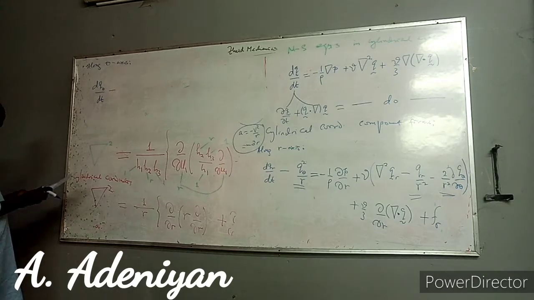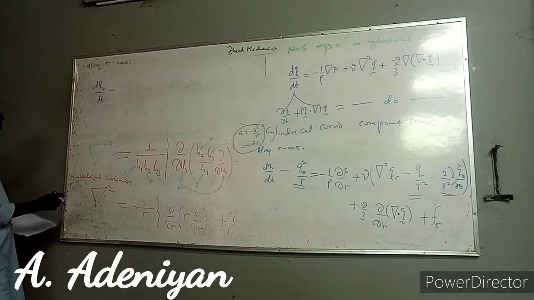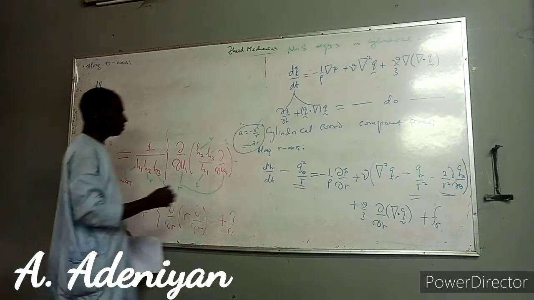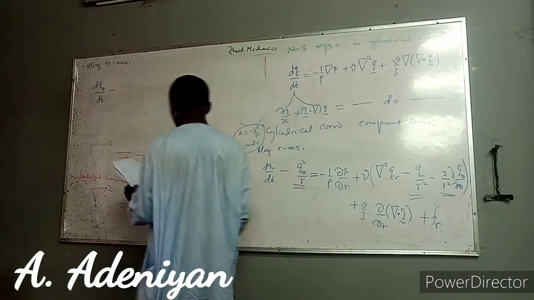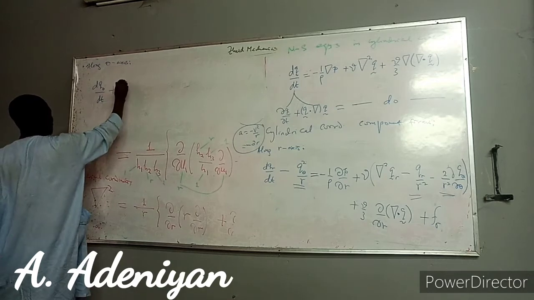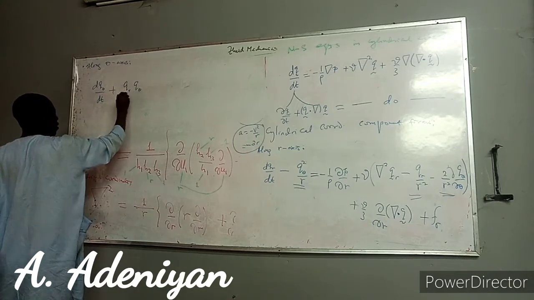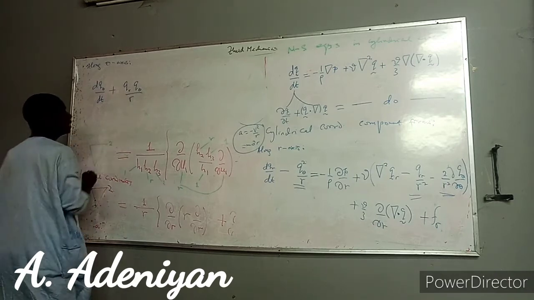If you do the calculation very well, this time around, this one is minus q theta squared. For this time around, it will change; to do it well, that is q r times q theta. Of course, all upon r is the same.